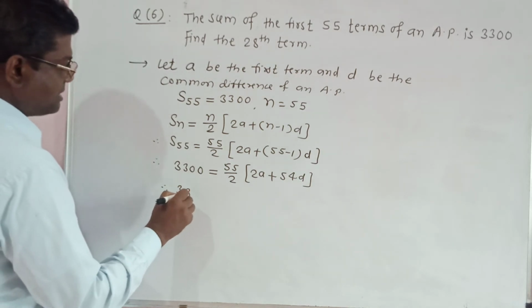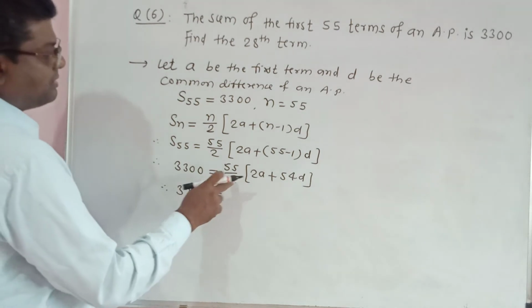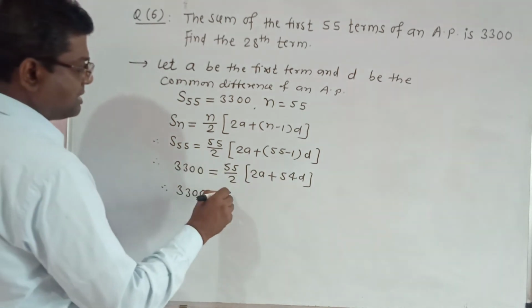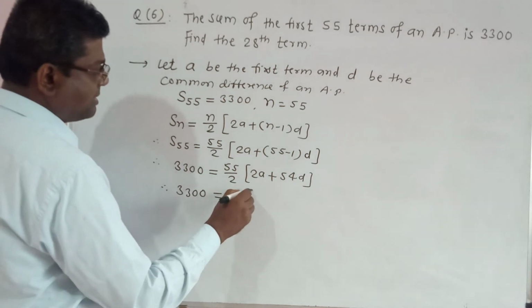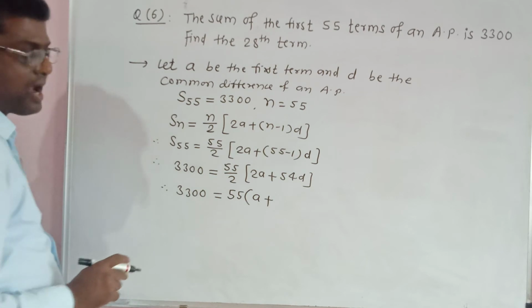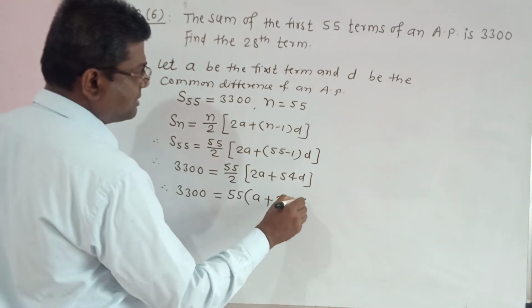Therefore 3300 is equal to, now divide the terms in the bracket by 2. Therefore we get 55 in bracket 2a upon 2 is a, and 54 upon 2 is 27 into D.